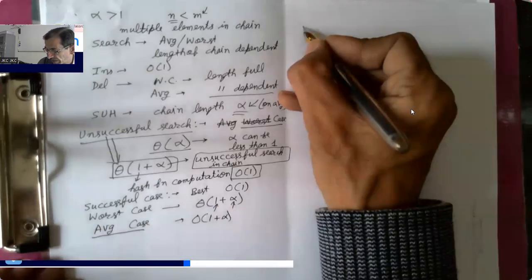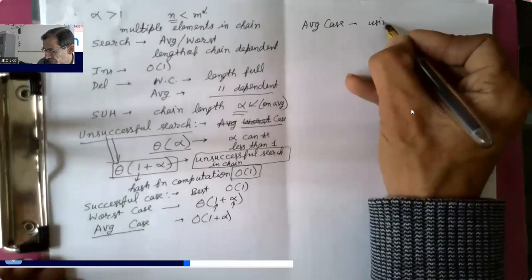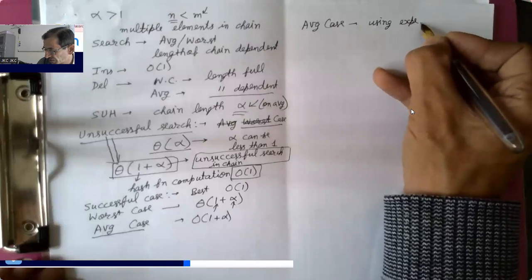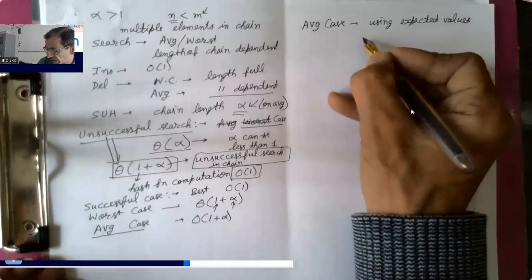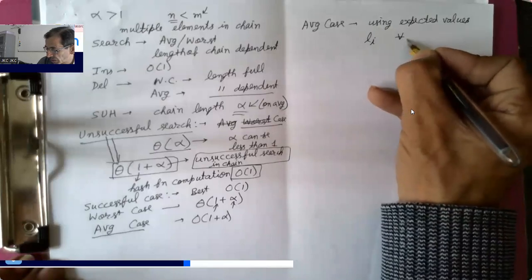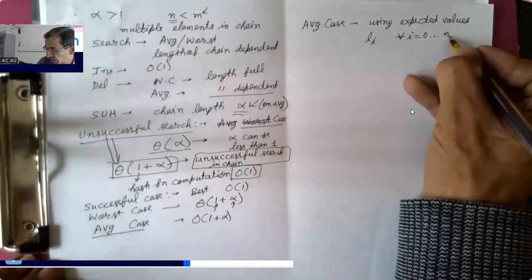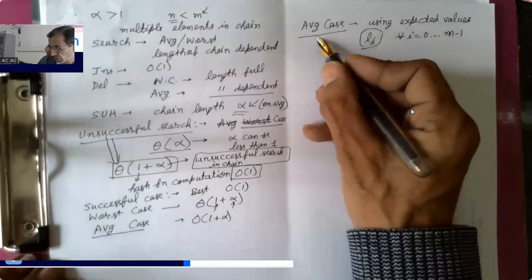Average case. For the average case, you could say order of 1 plus alpha, not more than that, but I need to calculate the average case more carefully using expected values. So in mathematics, you have studied expected value based calculations, knowing that, say, the length of each chain is Li for i equal to 0 to m minus 1, and then calculating the expected value of Li and doing this calculation.